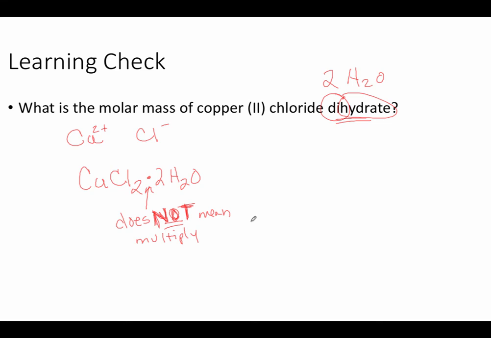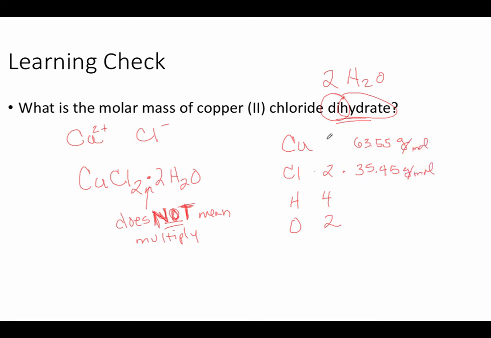So when we find the molar mass, I have 1 copper, I have 2 chlorides, I have hydrogen in my compound, 2 water molecules, each water has 2, so that's actually 4, and then I have oxygen, I have 2 of those. Copper from the periodic table is 63.55 grams. 2 chlorines, that's 2 times 35.45 grams. And I guess these are really per mole.